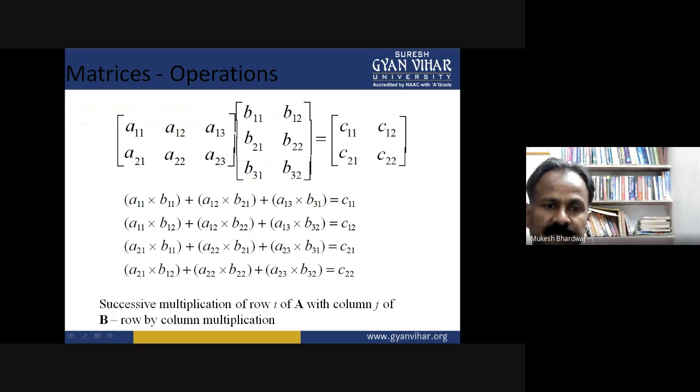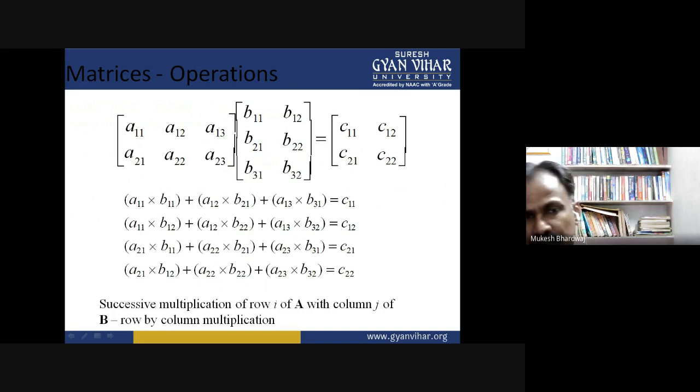For that, we move to the multiplication. There are two methods for doing the multiplication. The first is each element of the first row multiplied to each element of the column of the second matrix.